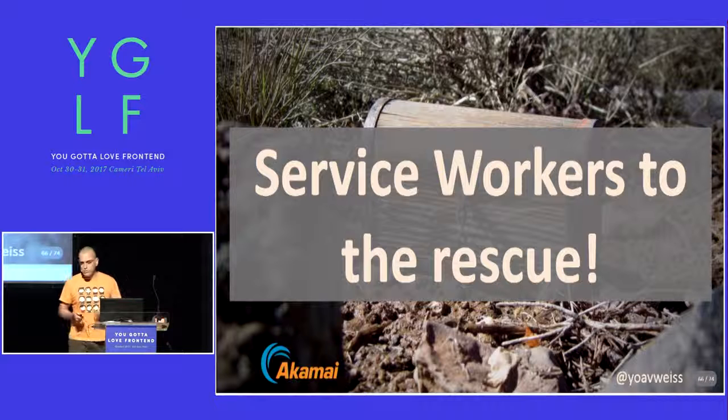And such purge instructions could be as simple as keeping around a text file with a list of purge URLs that the service worker periodically checks on your origin and evicts such resources from cache as necessary.